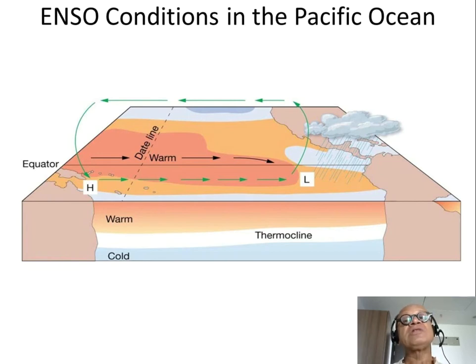Actually got anomalously warm around Christmas time. So they decided this was a little gift from Jesus. So they called it the little Jesus, or the Christ child, El Nino. Nino means boy. El Nino means the boy, the Christ child, right? So El Nino occurs around Christmas time, brings anomalous warm water to a coast that is very cold. So it was considered a little gift. That's where the name El Nino comes from.